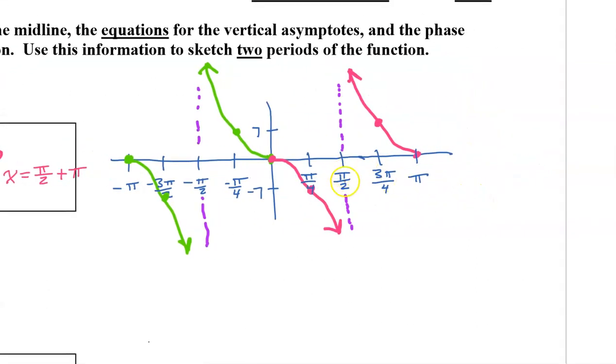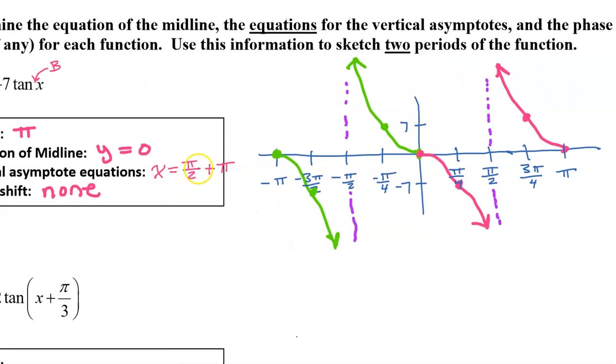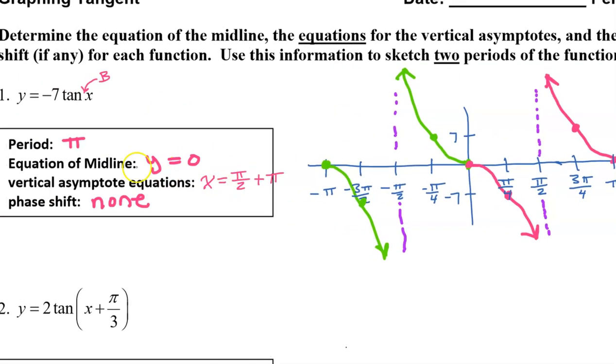So if I were to take pi over 2 and add pi to it, that would give me another asymptote. And if I added pi again, that would give me another asymptote. So because every multiple of pi, every multiple of the period will give me another asymptote, I'm going to add a letter to the end of this and say pi n. N represents any integer.